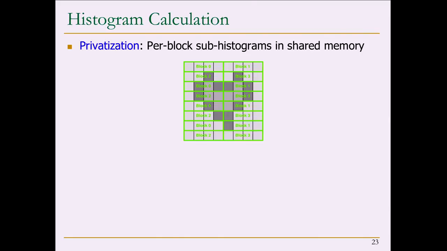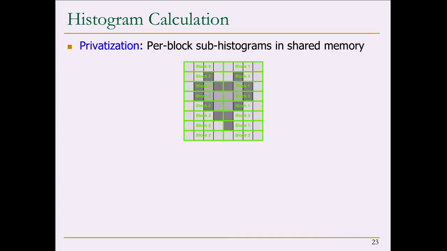This can be such a big problem if we try to implement a very naive histogram calculation on GPUs. If all the threads of one kernel are calculating the histogram of one image, in the end we have only one single histogram.